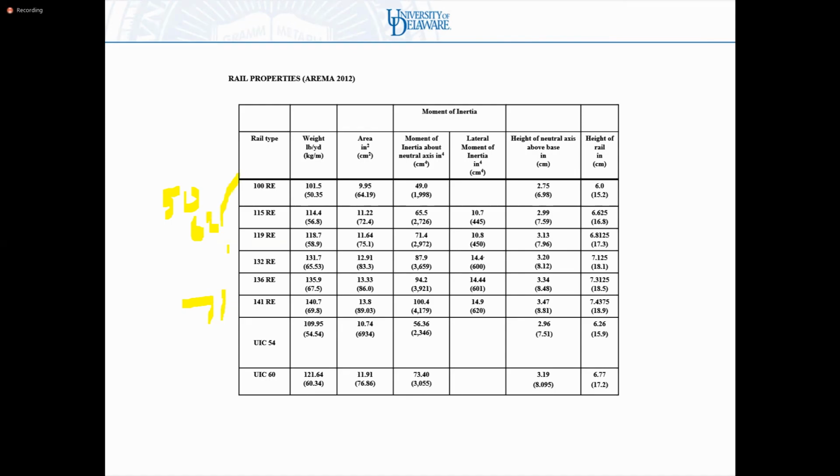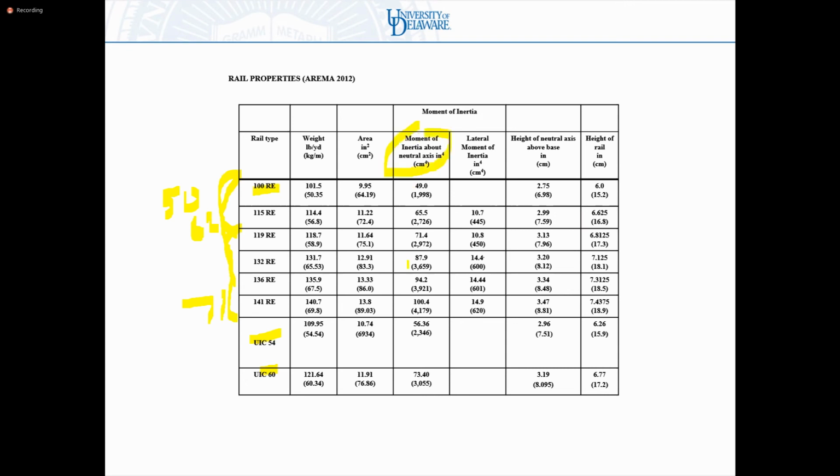These are heavy axle load rail sections and North American rail sections. Well, actually, the heavy axle load sections are really here. These are lighter sections. Here's UIC 54 and UIC 60. UIC 50 is very similar to this, not exactly the same, but very similar. Come back over here.